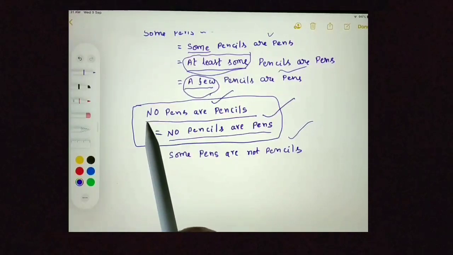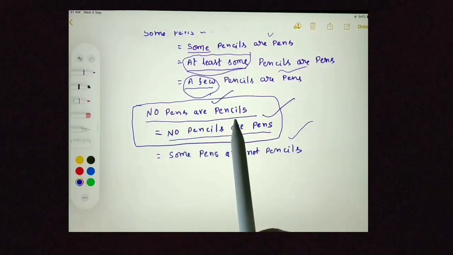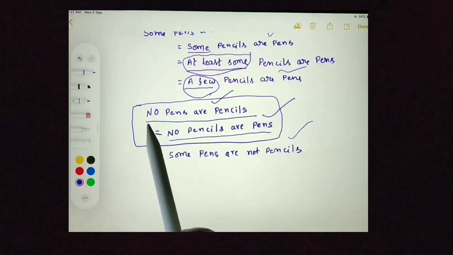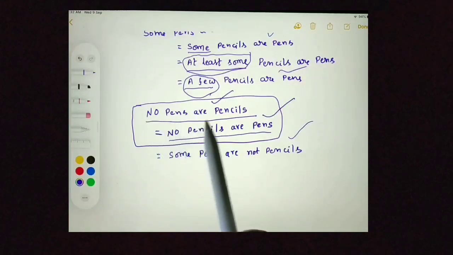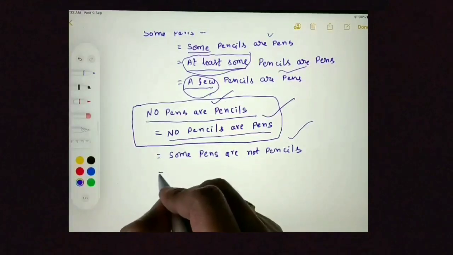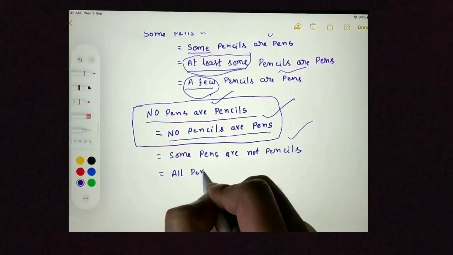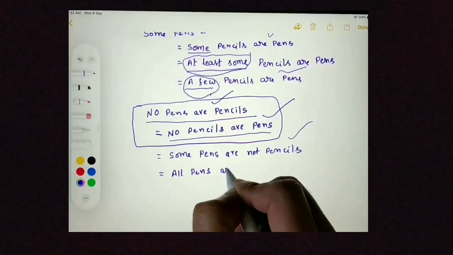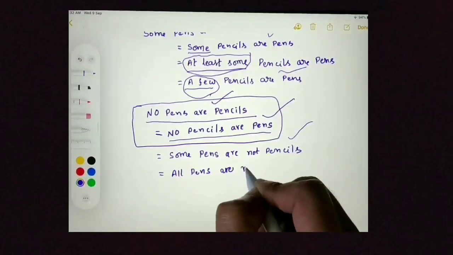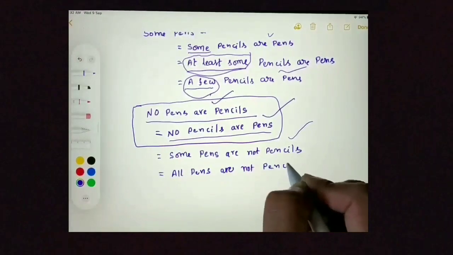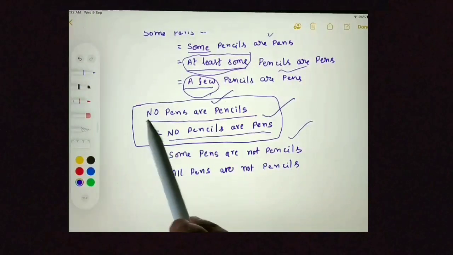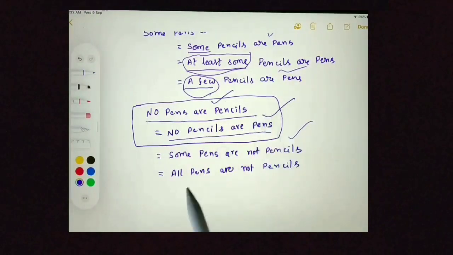And we can also tell the same thing in another way: this is the statement, no pens are pencils, we can say that all pens are not pencils. No pens are pencils is the same as all pens are not pencils.